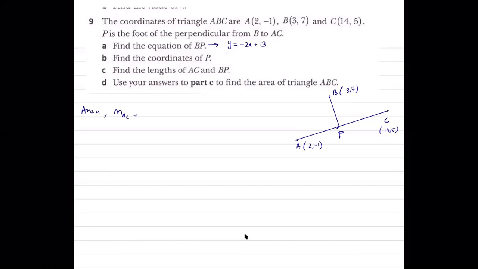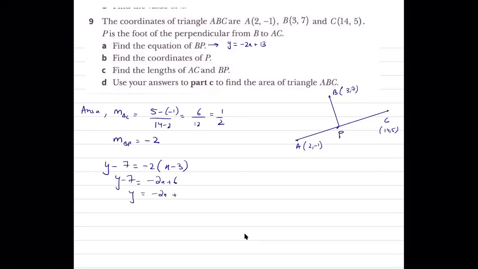That is going to be y2 minus y1 over x2 minus x1, 1 upon 2. Therefore, the gradient of the BP line, which is the perpendicular line, is going to be minus 2. And it passes through B.